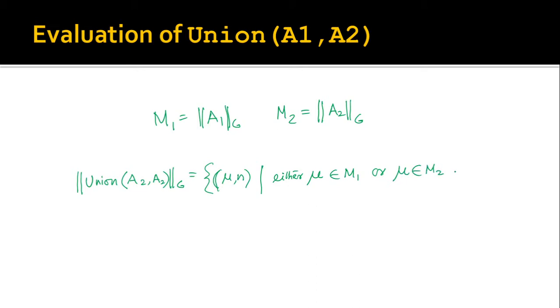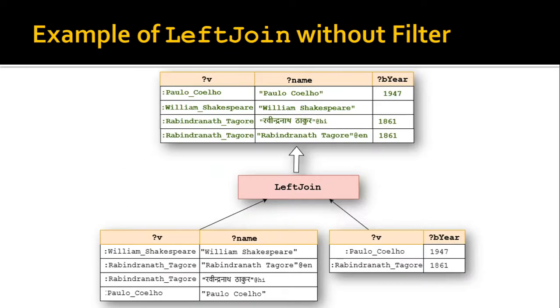And what would be the multiplicity? We are just adding two tables, right? We are just appending one table with the other table. So the multiplicity will just be added, right? So it will be the multiplicity of mu in M1 plus the multiplicity of mu in M2, and of course this should be greater than 0, right? So this is how we define the evaluation of the union operator.